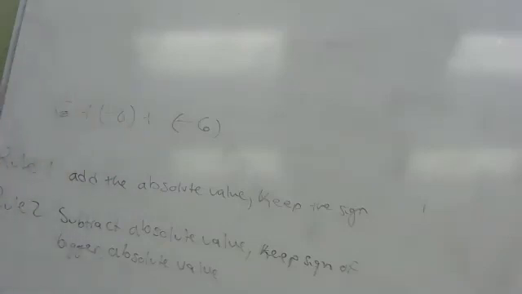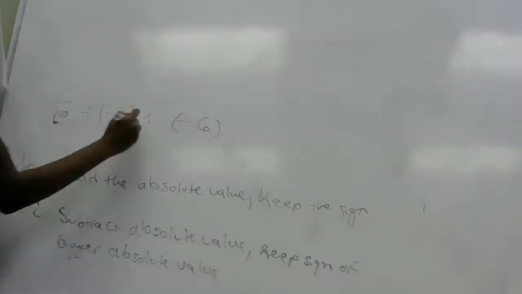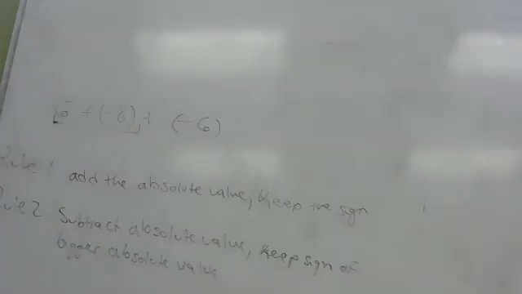Right? So what do I do first? We're going to do 6 plus negative 8 first, because remember, order of operations, left to right, we add. So for 6 plus negative 8, how do I add these?